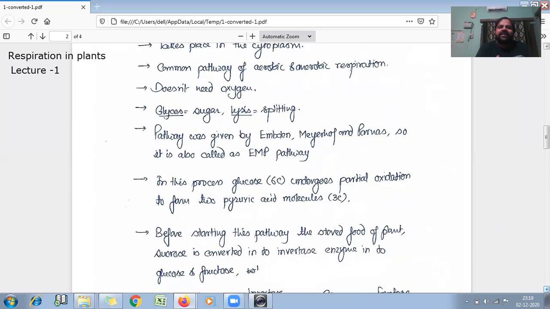So that's why this pathway is also called the EMP pathway. In this process, glucose, which is a 6 carbon molecule, undergoes partial oxidation, and at the end of the pathway it forms two pyruvic acid molecules. It means a 6 carbon glucose molecule will be broken into 2 pyruvic acid molecules.